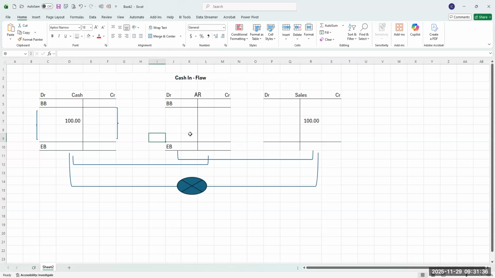If I don't have accounts receivable, whatever I'm selling, I'm getting the cash. Now let's play a little bit. If my beginning balance of accounts receivable is $20, my sales are 100, and my ending balance on accounts receivable is $20, how much cash did I collect?